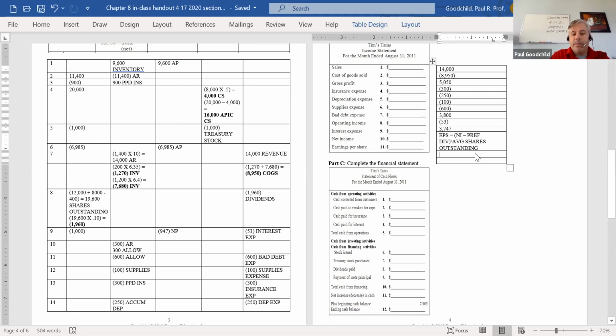So our earnings per share would be 3,747. And in this case, we're going to take our average shares. So we started off with 12,000 and we ended up with 19,600.